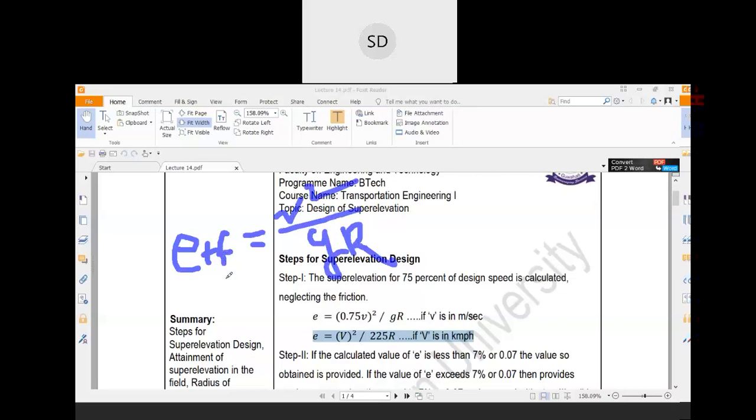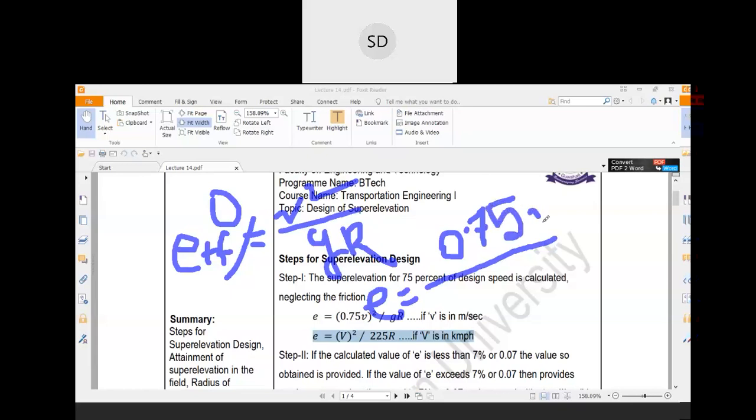Here the value of F is 0. Therefore E equal to, for V you will not consider the full design speed, you will consider only 75% of the design speed. Therefore it would be 0.75 V square divided by G into R. So in this way this equation comes.